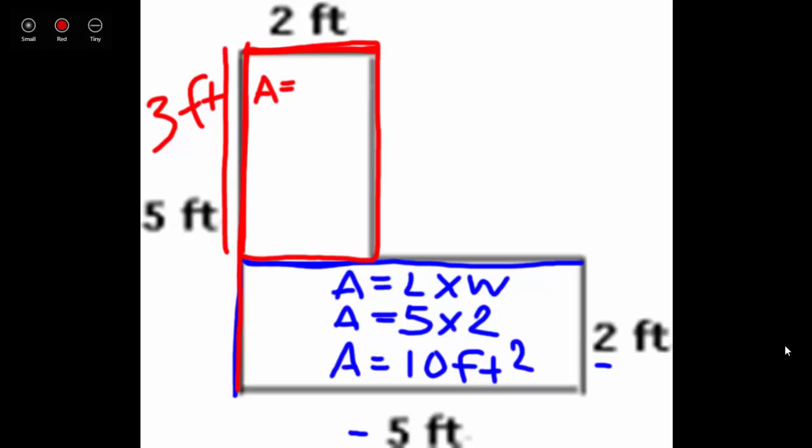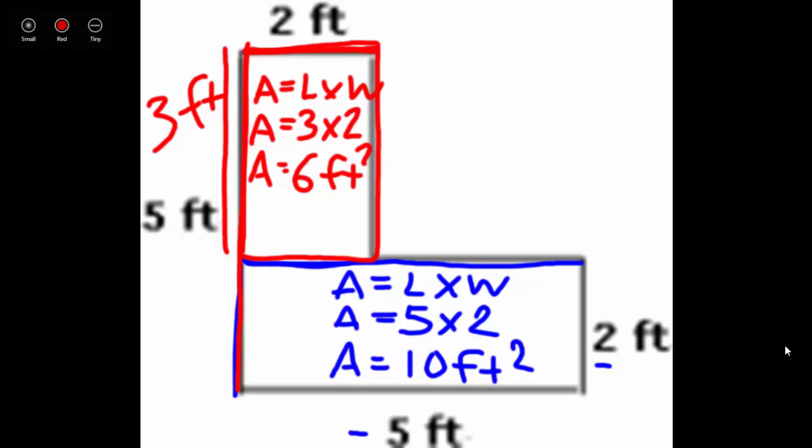Area equals length times width. Area equals 3 times 2. So area of this rectangle equals 6 feet squared.